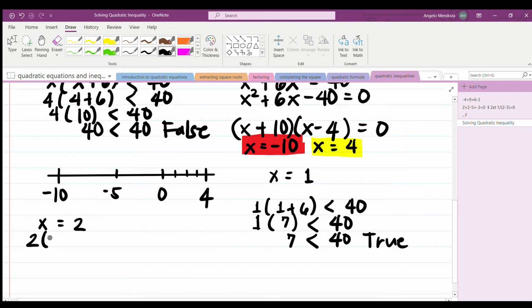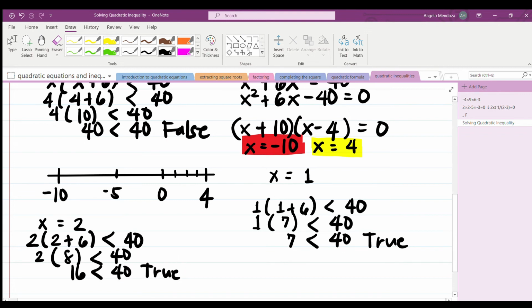So 2 times 2 plus 6 less than 40. 2 times 8, that is 16, is less than 40. So that is also true.